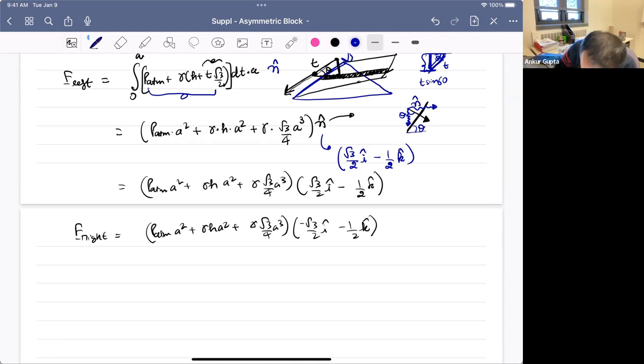So now if I do the full sum, F bottom, F left plus F right plus F top. First, I want to show that it's very obvious that, because of the way we have taken it, the i components get cancelled out.